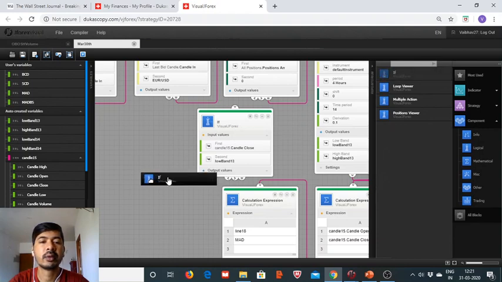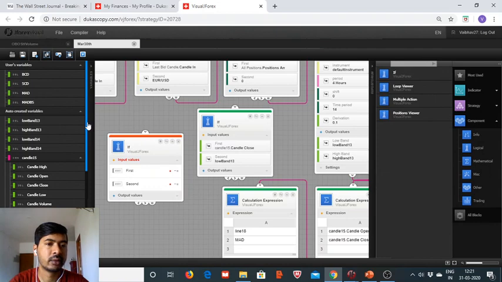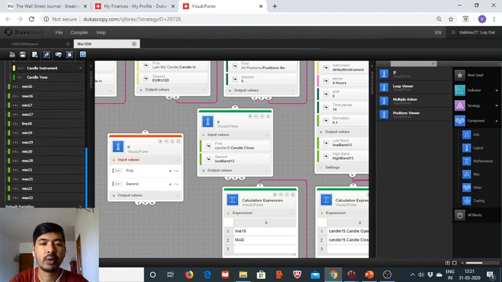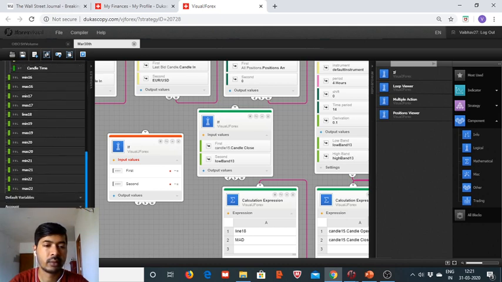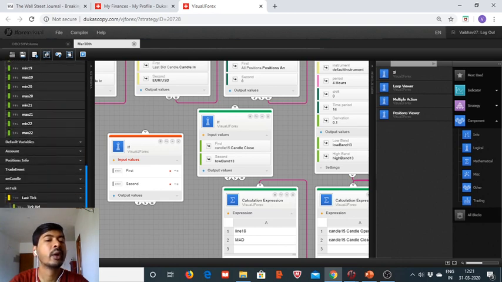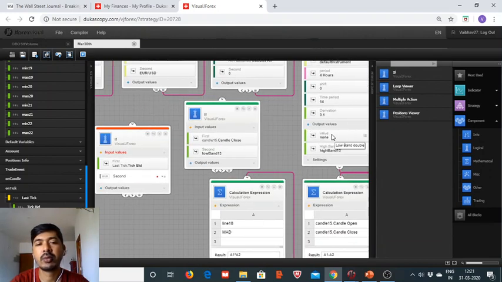Then the last tick price should also be above the lower band. And here we want the bid price to be above the lower band.